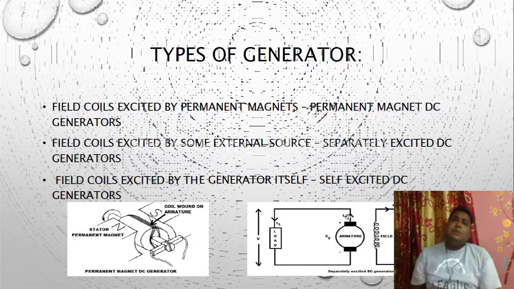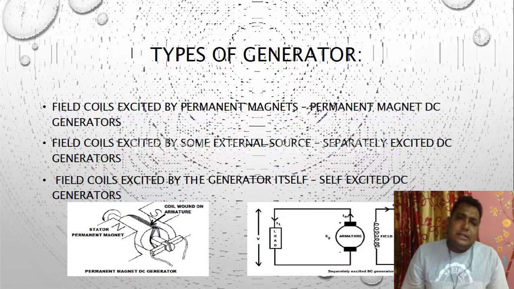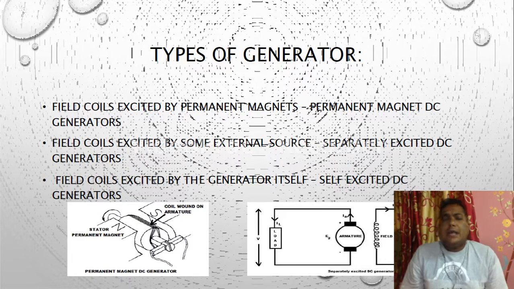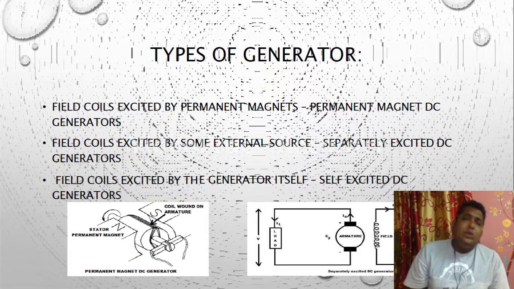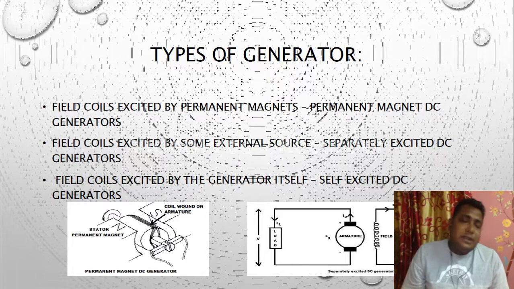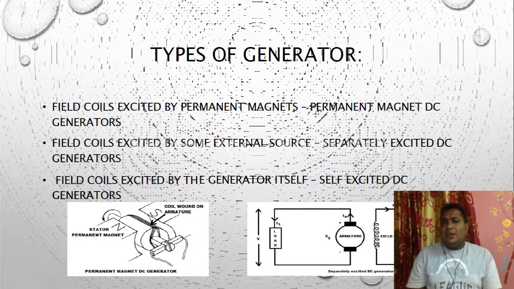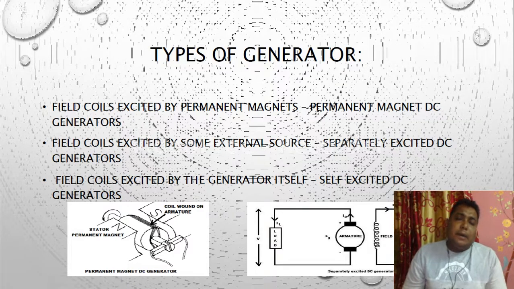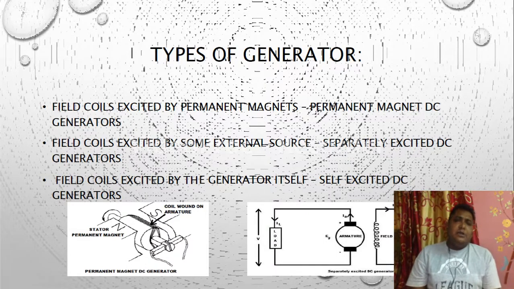Now you can ask me, both are windings, so why is there a different representation? One winding is shown as a coil and one winding is shown as a circle over there. Why is there a difference? The difference is due to its property. One coil is a stationary coil and the second coil is a rotating coil.